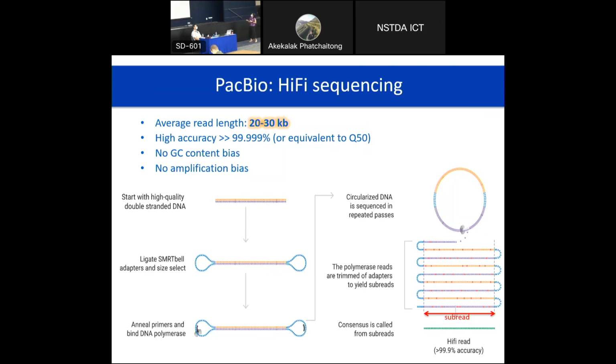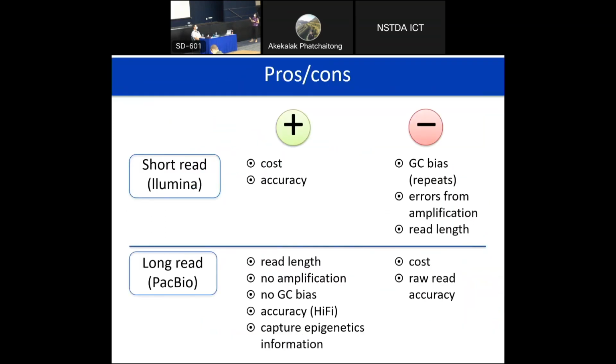Just to look at the pros and cons of each: the short read is represented by Illumina, and the long read by PacBio, but the other short read technologies have similar pros and cons to Illumina as well. The best thing about short read sequencing is that it's very cheap these days.